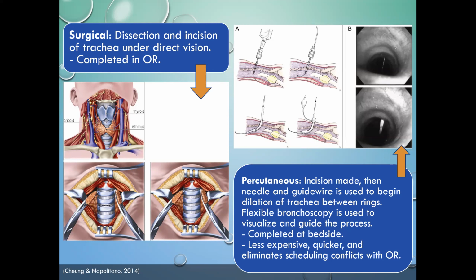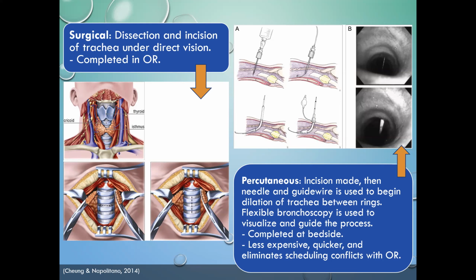The other option for placement, which is perhaps more common, I would say, is called percutaneous. So with this method, an incision is made with a needle and guide wire is used to dilate the trachea between the rings. Okay, then a flexible bronchoscopy is used to visualize and guide the process.